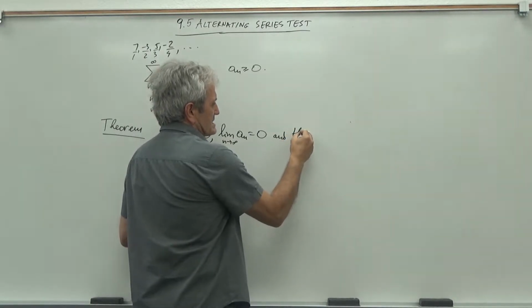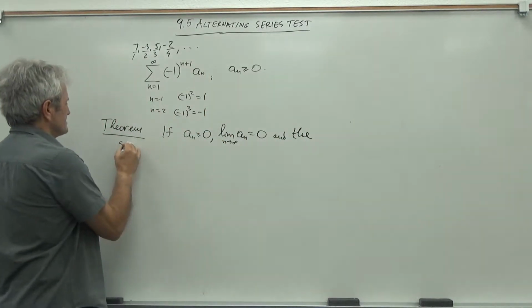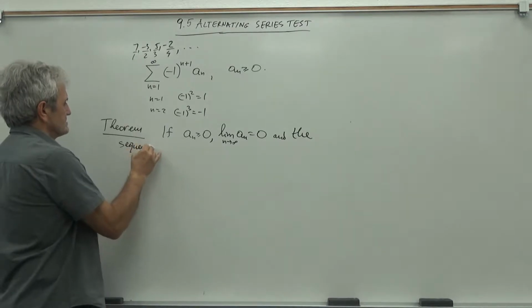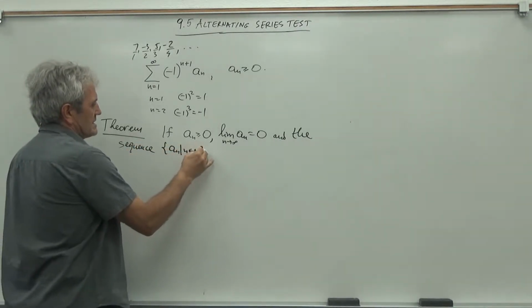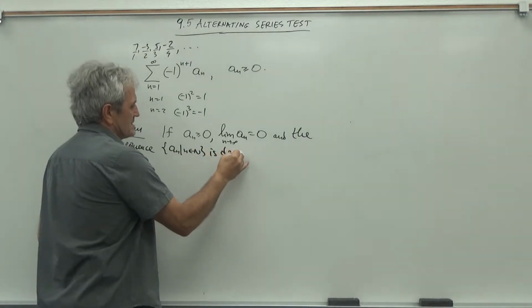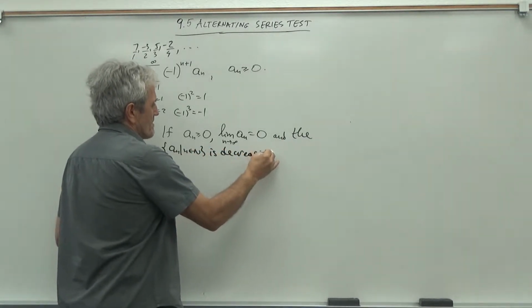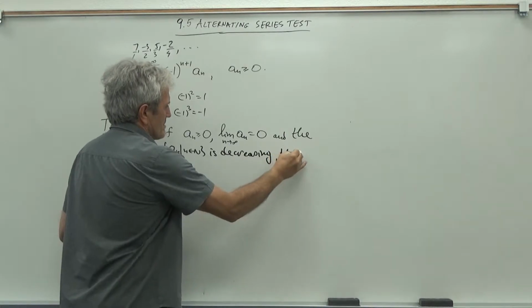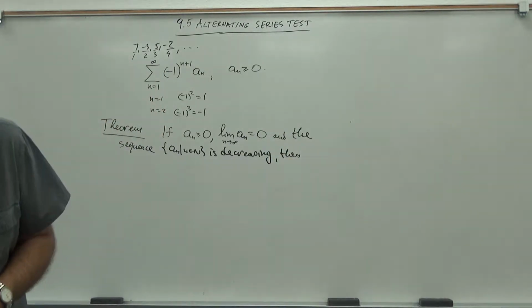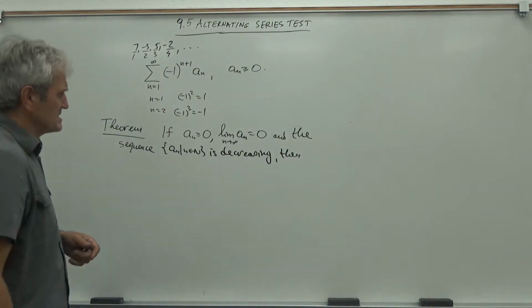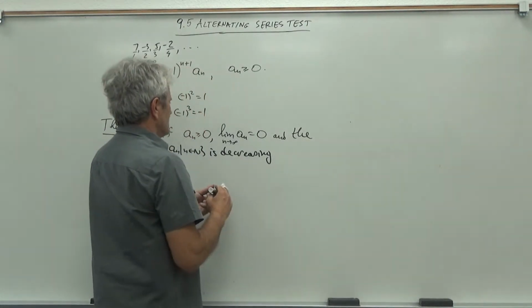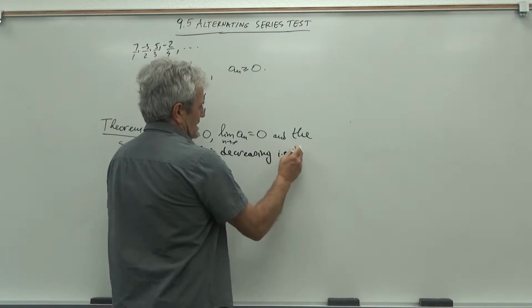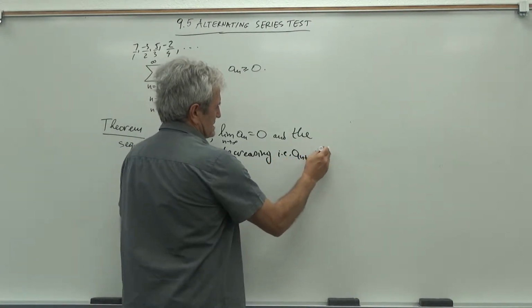the sequence a_n is decreasing. Is it decreasing or non-decreasing? Non-increasing. So it is decreasing, which means a_(n+1) is less than or equal to a_n.